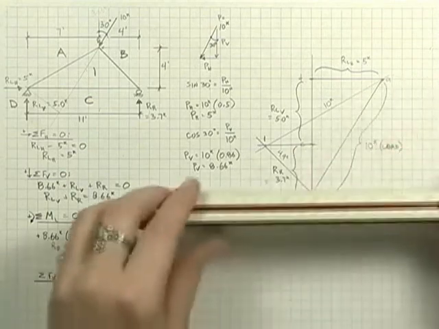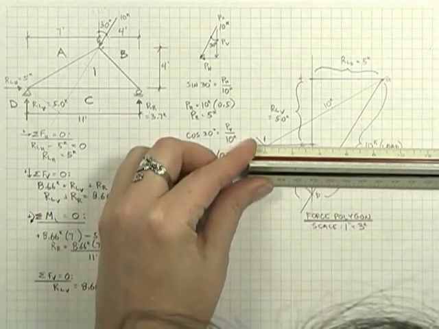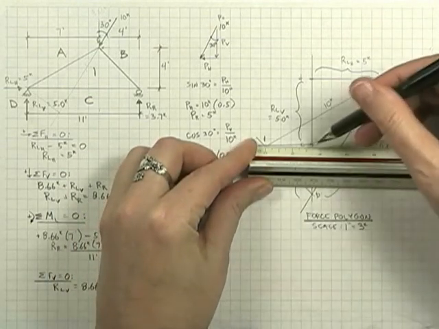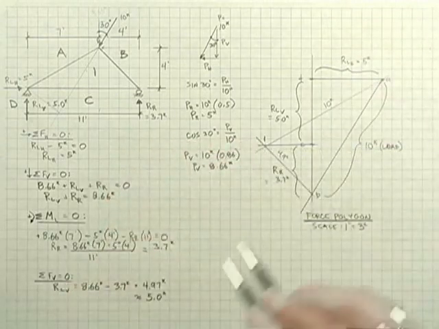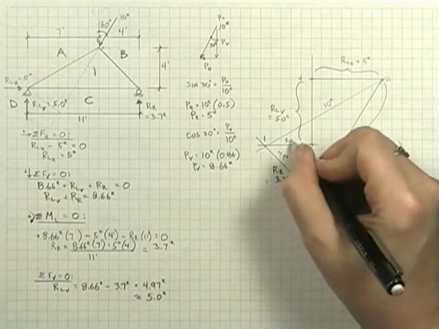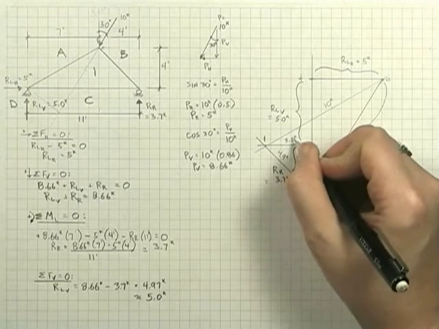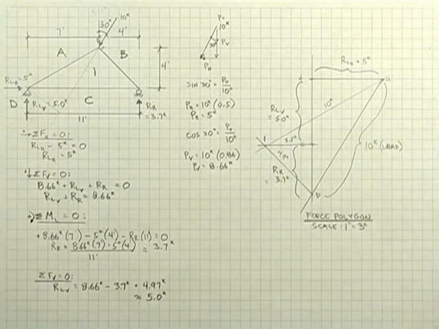And then member C1 is about 3.5 kips. And in the last video, we will look at the sense of these forces, tension and compression.